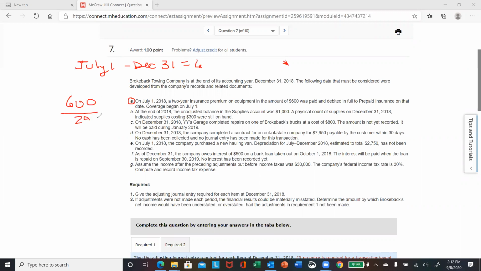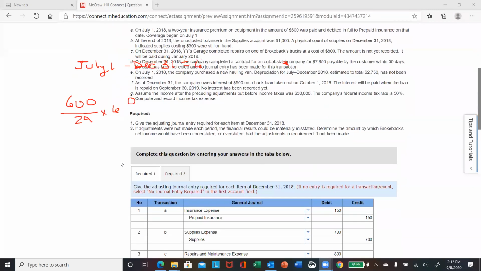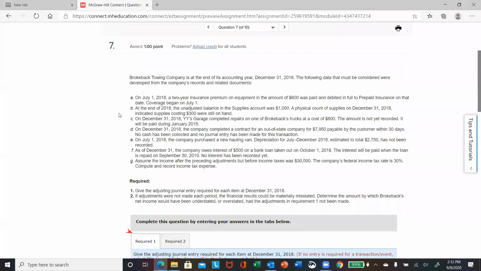So divide by 24 and then multiply, of course, by 6. And then let me page down. I'll show you the entry. That's going to give you right at about $150 per month. So that's how you take care of that one. And then notice again, they are debiting insurance expense and crediting prepaid. That's part A.